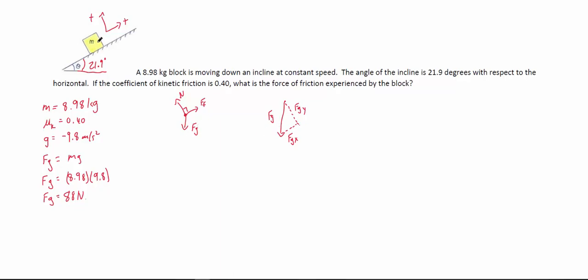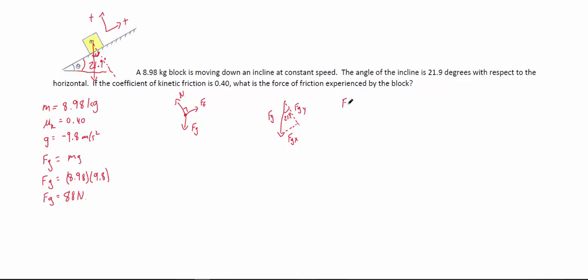If we were to draw that on here, Fg would be down this way. This angle here is equal to this angle here, and we talked about that earlier in the lesson. So this angle up here is also 21.9 degrees. Now we have enough to figure out our components, because we just found force of gravity and we have the angle.